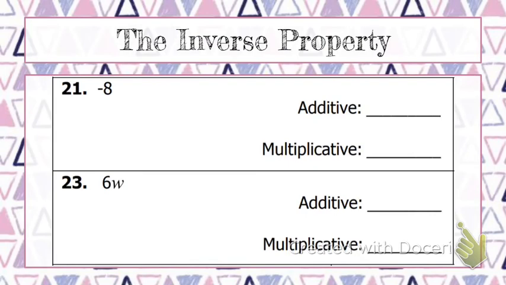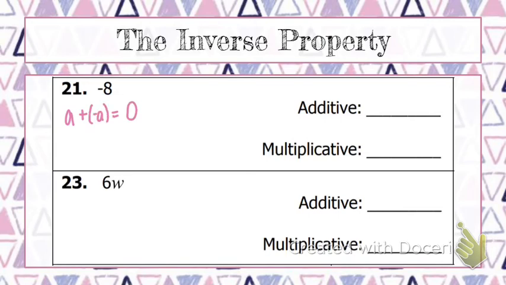The inverse property tells us more than just what property is being used. We can actually find the additive inverse and the multiplicative inverse of numbers. So let's recall that the additive inverse is what you can add to a number to get 0, and that always equals negative a.